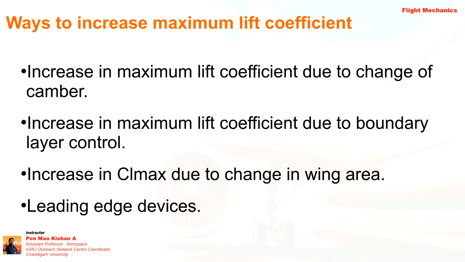Apart from that, the fourth option is introducing leading edge devices. Okay, so if we introduce leading edge devices, we can increase the maximum lift. Okay, so these factors are taken into consideration, and this data has been studied, which I am also giving in an upcoming slide.